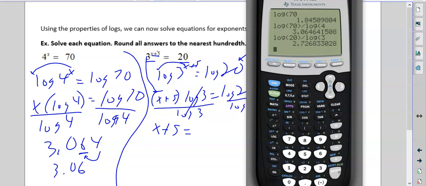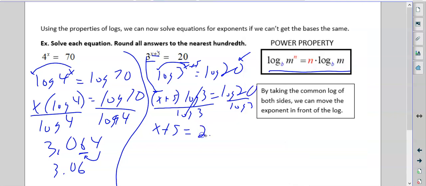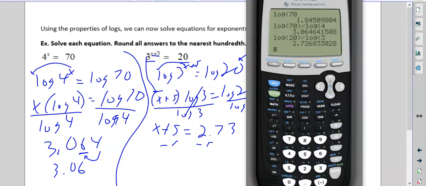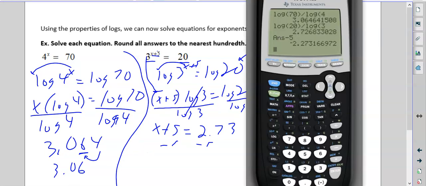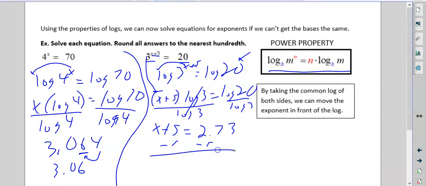The 6 tells the 2 to go up, so 2.73. And then we're going to subtract 5 from both sides. Now be careful. Don't just go 2 minus 5 is negative 3, because then you might say negative 3.73, and that's wrong. Okay? It is negative 2.27. Okay?